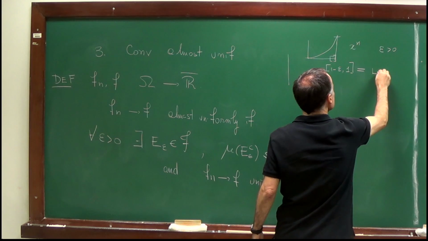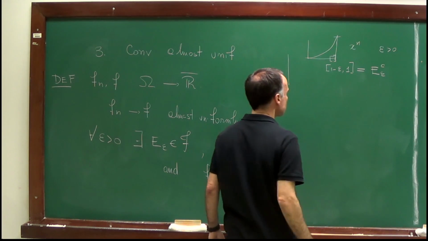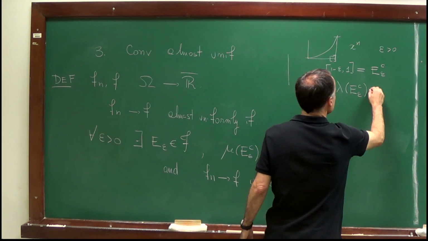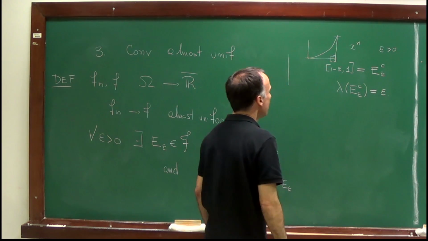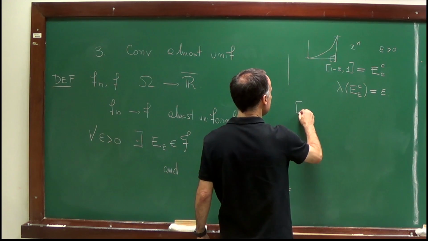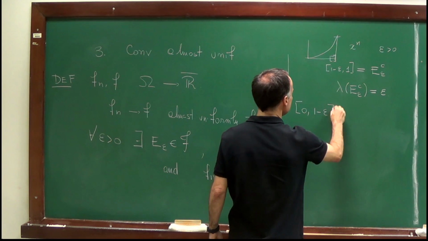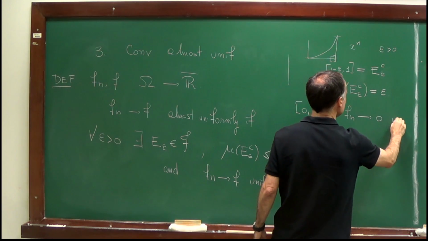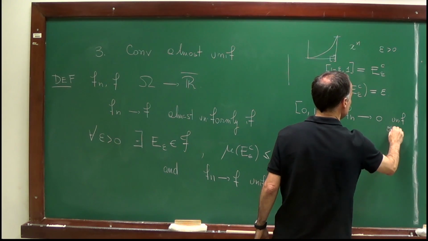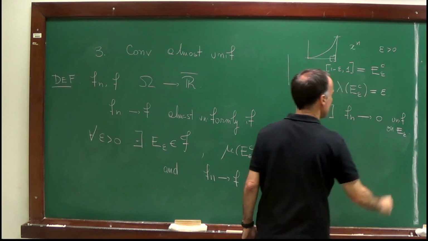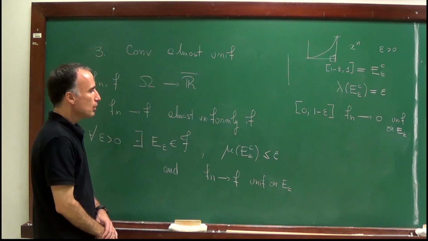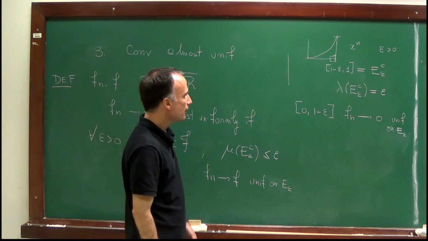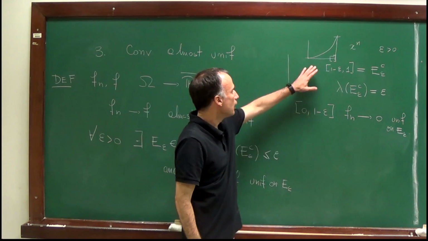So let me call that E epsilon complement. Of course, the Lebesgue measure of this set is equal to epsilon. And on the set 0, 1 minus epsilon, the function fn converges uniformly to 0. So this is a third concept to take care of this type of example.